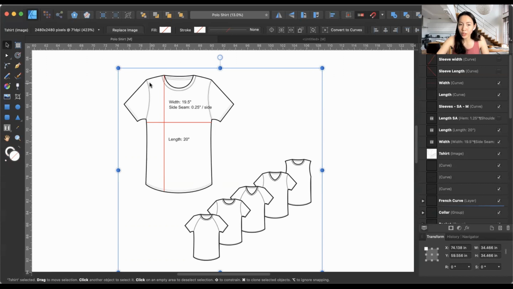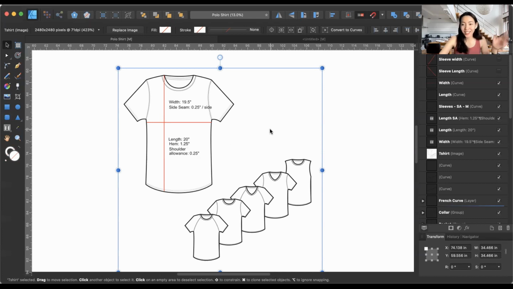For the shoulder, it's usually about 1/4 to 5/8 sewing allowance, and for the bottom, it's around 1 inch to 1.25. For the hem, we'll use 1.25, and for the shoulder, we'll stick to 0.25 as well. That's going to be a total of 21.5 for the length.